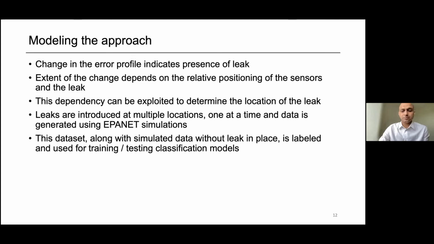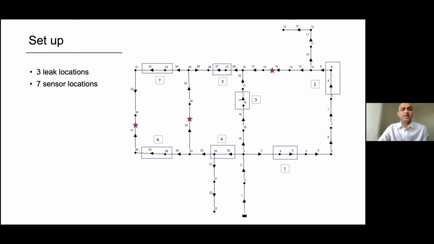Again, just to mention that we have used EPANET to generate data with and without leak. In the setup that we have used, we have assumed 7 sensor locations. We have leaks one at a time.